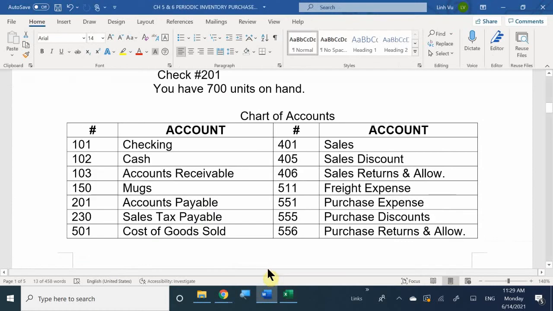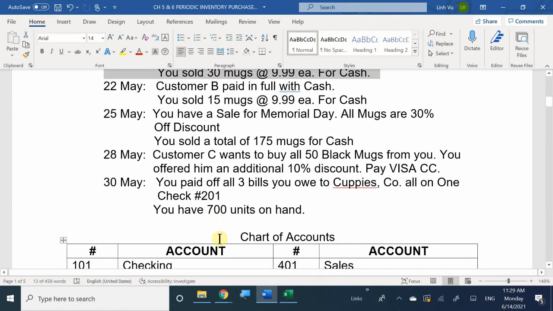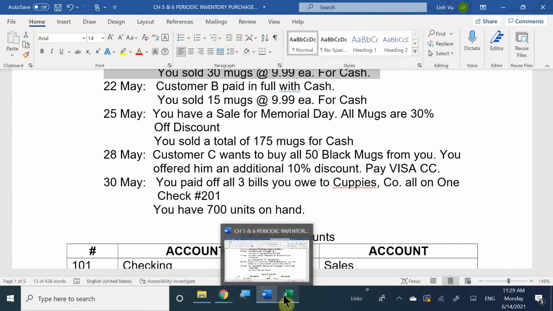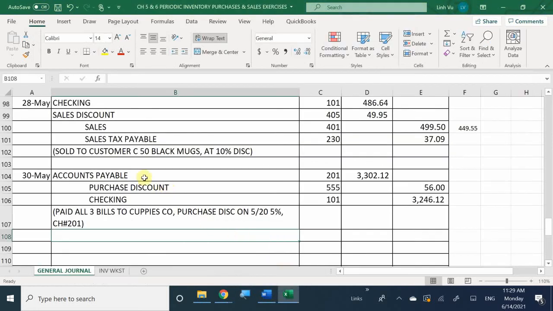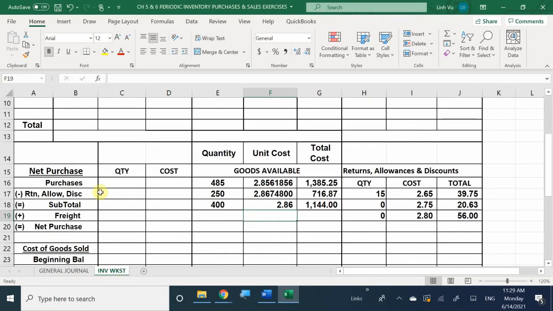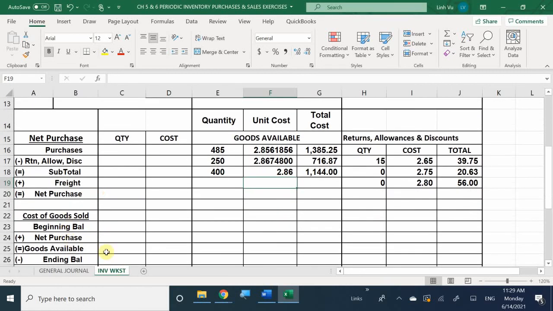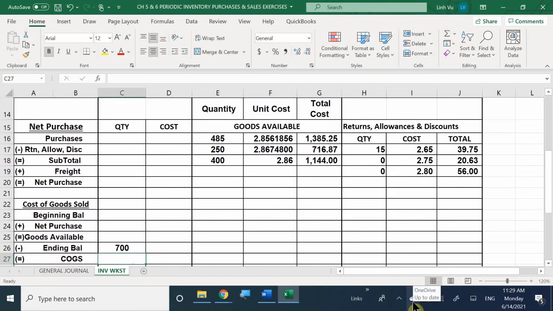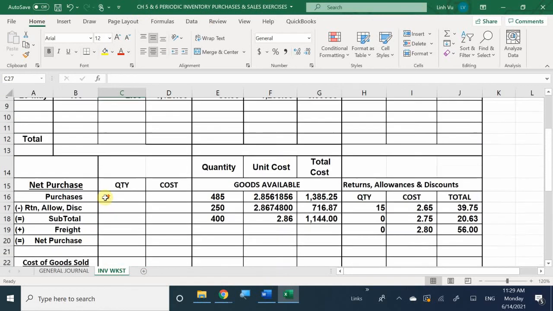All right, last but not least, you have a total of 700 units on hand. So we can conclude and do our conversion entries. Since we know that we have a total of 700 units left, or 700 mugs left, let's go ahead and calculate and sum up our totals.